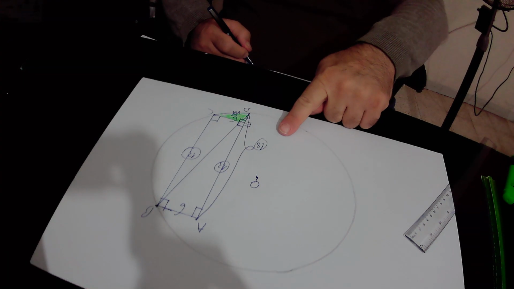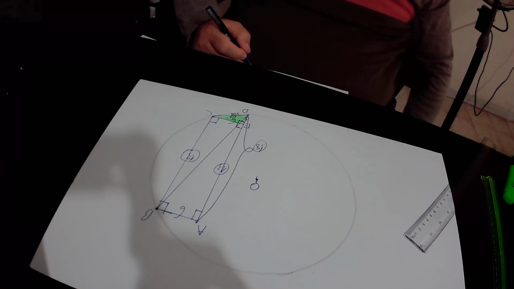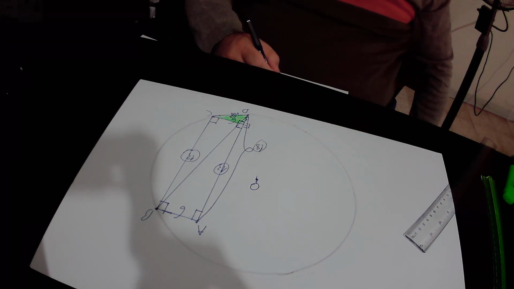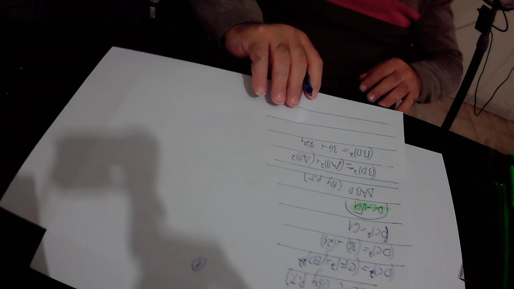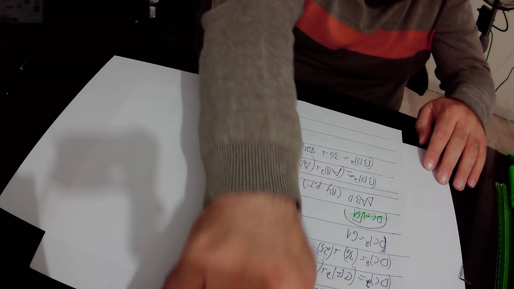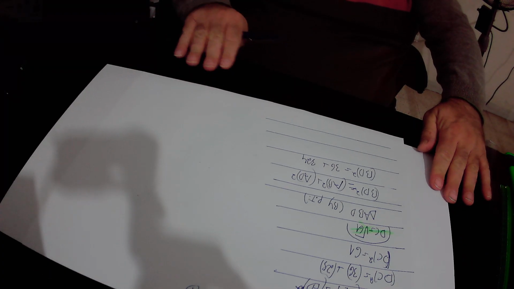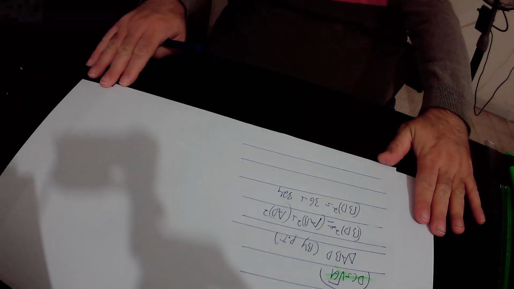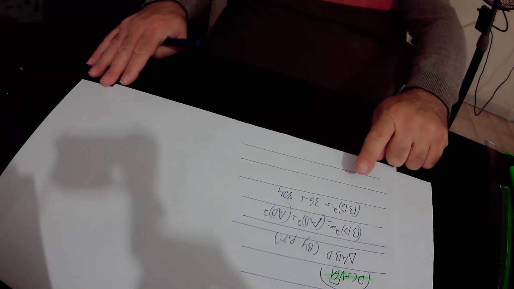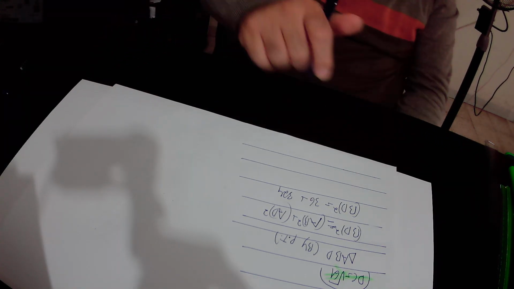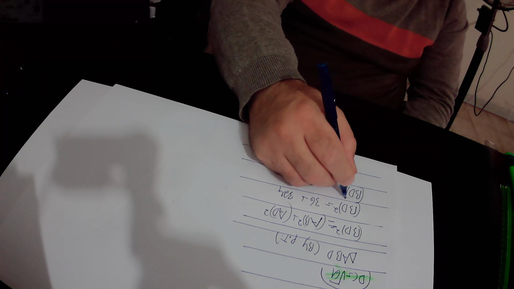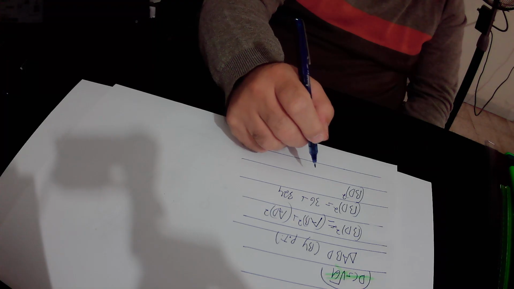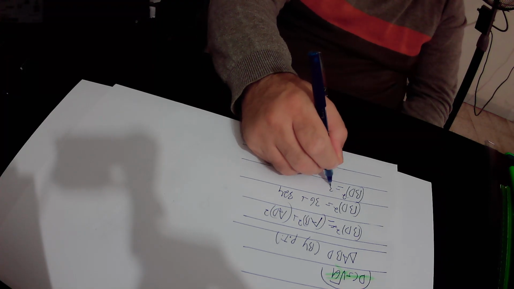AD equals 18 units, therefore AD squared is 18 squared, that is 324. So BD squared equals 36 plus 324, which is 360.